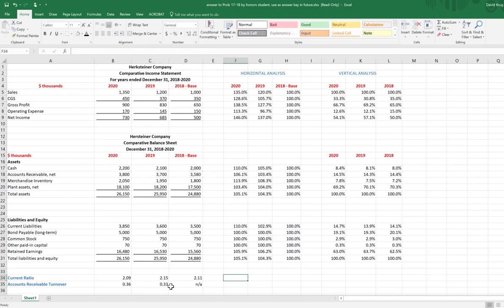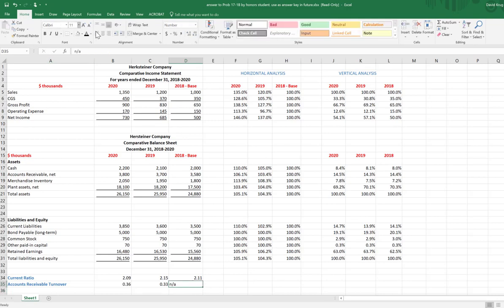Okay. Now, if I pull this over, it's going to give me an answer that I can tell is wrong, because look what it's trying to do. I don't have 2017 accounts receivable. So I would have to do one of two things. I would have to go get those 2017 numbers and put them in there if I wanted an AR turnover for 2018, or I could just say, no, I can't do that.